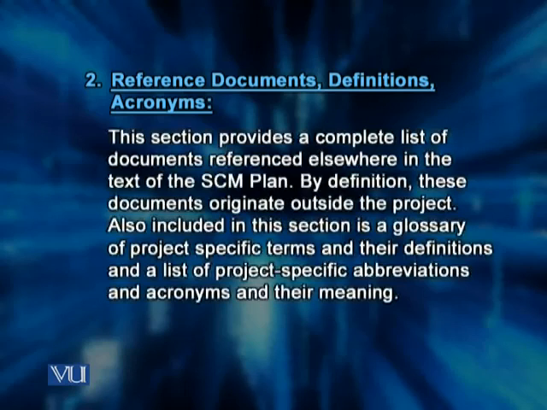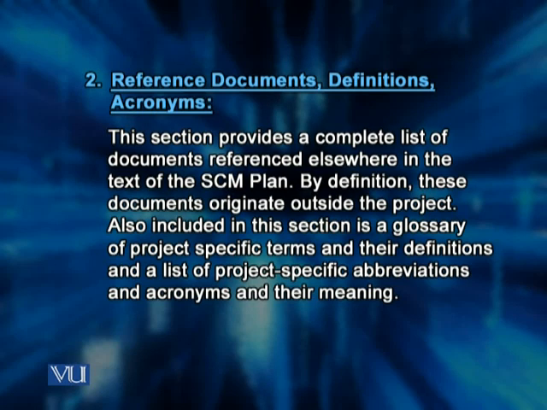The second section of this document is reference documents, definitions, and acronyms. This is the heading of the section. This section provides a complete list of documents referenced in this SCM plan. By definition, these documents should originate outside the scope of the project.